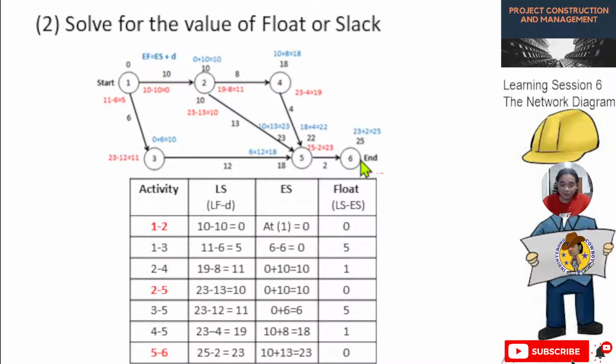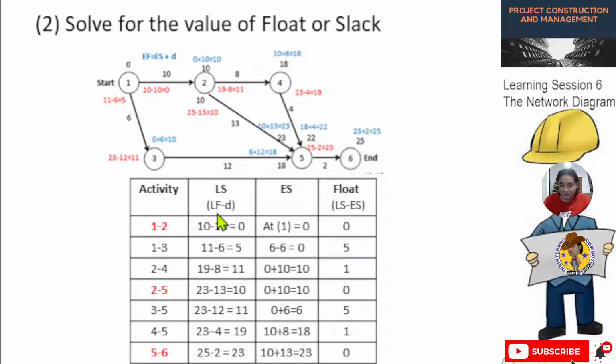Now let us see activity 1 to 2. The formula for float is the last start minus the early start. For activity 1 to 2, what is the LF?